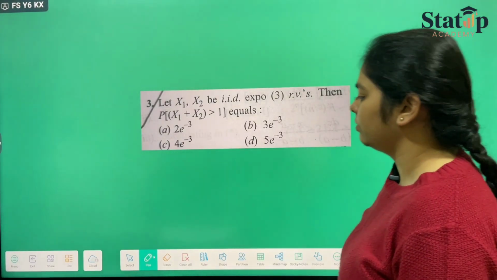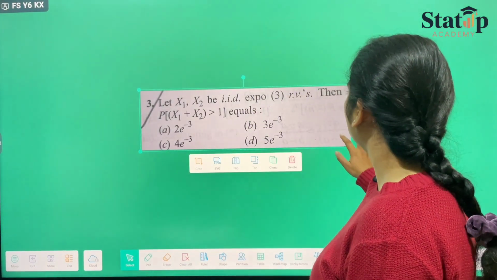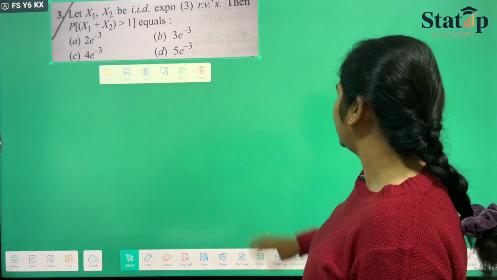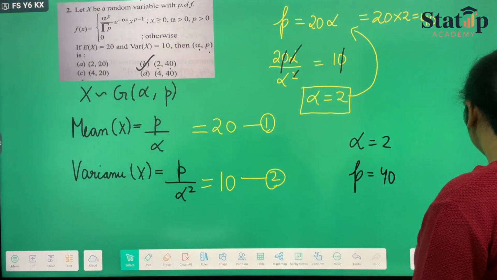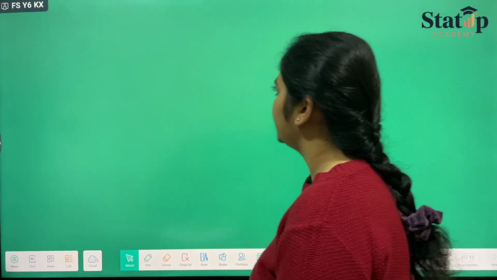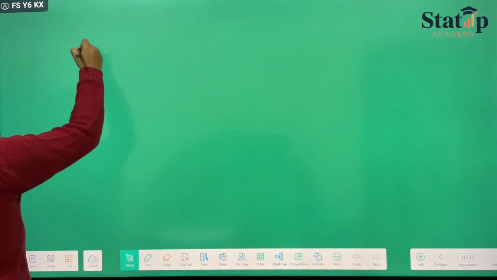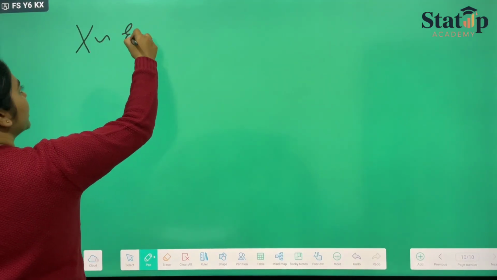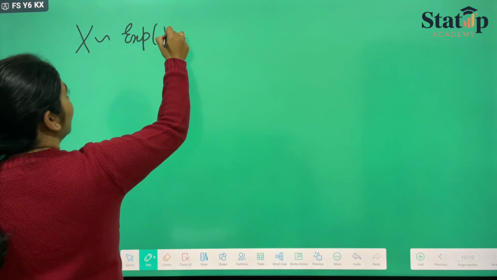Moving forward to another question. Now, here we are using one of the properties of exponential distribution. Let us see what is the property of exponential distribution. Suppose x follows exponential lambda.